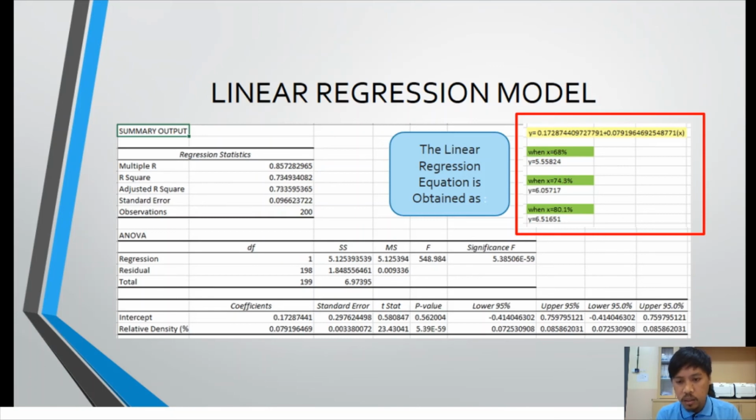X is 68%, 74.3%, and 80.1%, and then we get y.